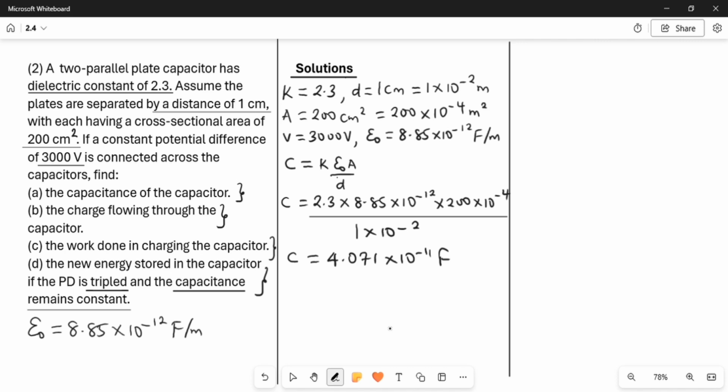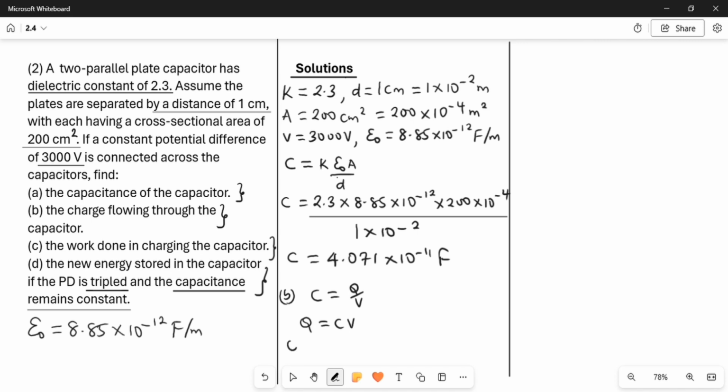For the second part, that is part B, we are to find the charge flowing through the capacitor. Recall that C is equal to Q over V, which leaves us with Q is equal to CV.